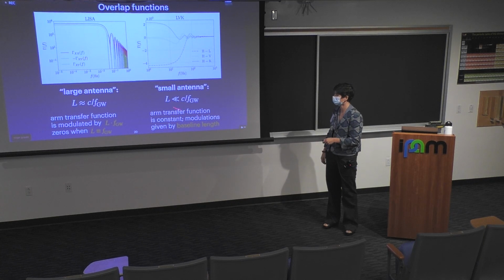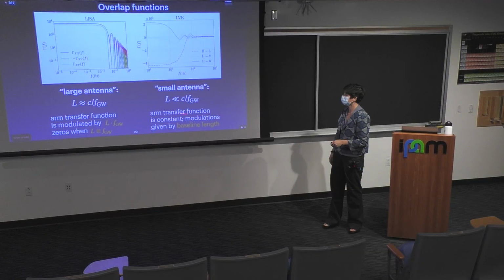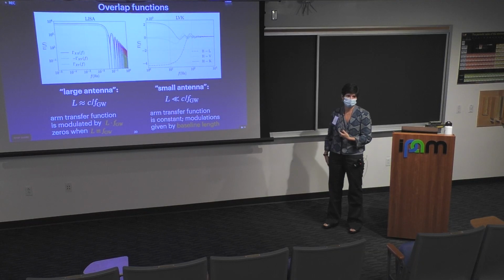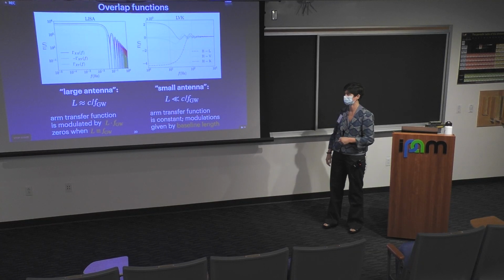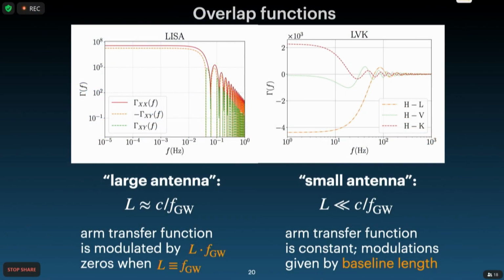So the arm transfer function, the way that a single arm is geometrically sensitive to gravitational waves, is completely frequency independent. It's constant throughout frequency. The modulations you're seeing here in frequency are all due to a phase factor that boils down to a dependency on the baseline length.